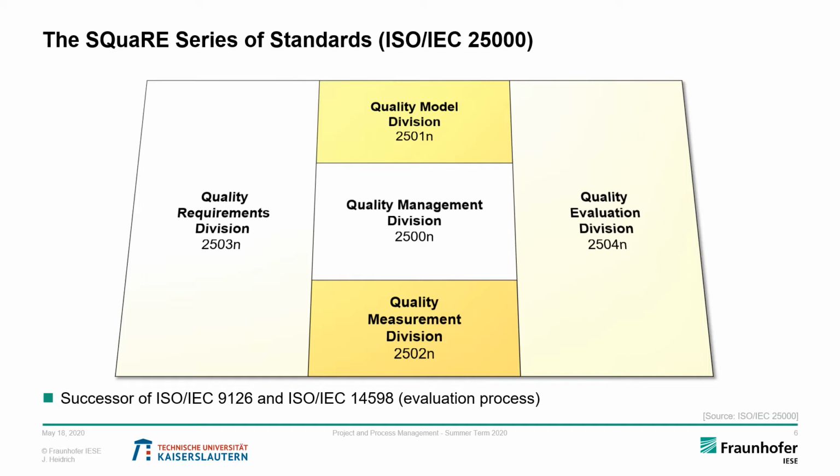We have the quality model division. That's the central division we will have a closer look at, which specifies what qualities or quality aspects exist according to that standard. Then we also have one division dealing with how to measure these quality models.